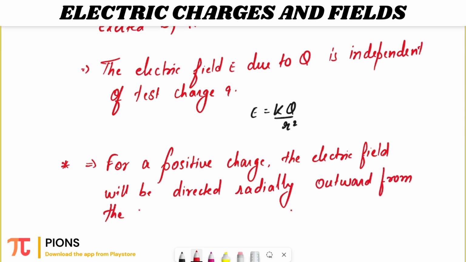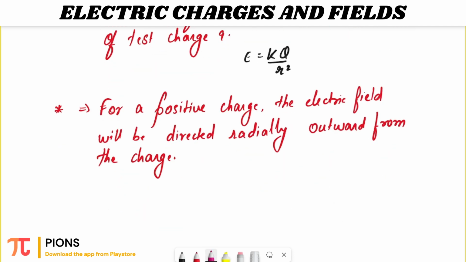We will see that in field lines. For the time being, we just take that it is radially outward for a positive charge.